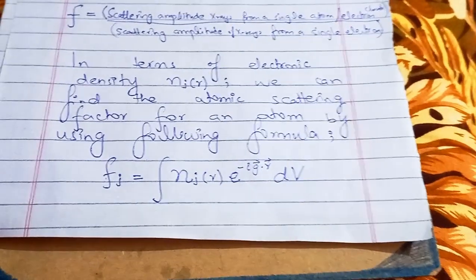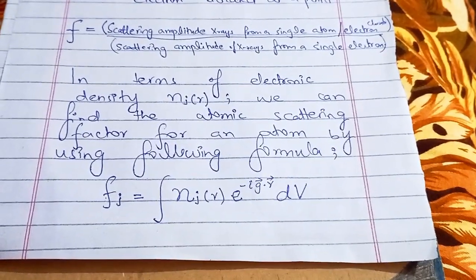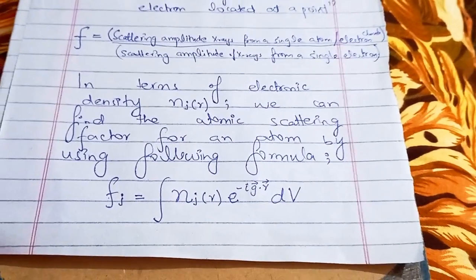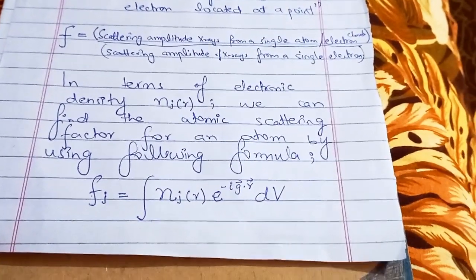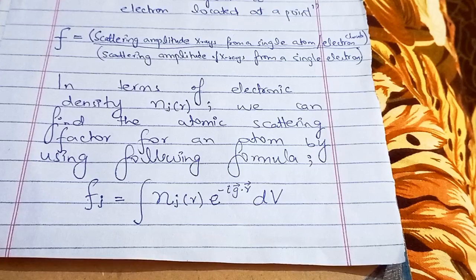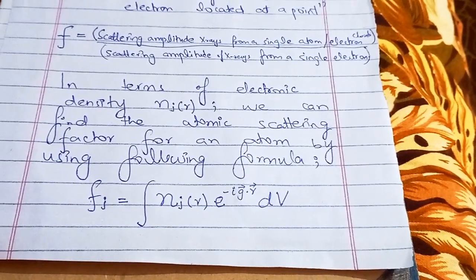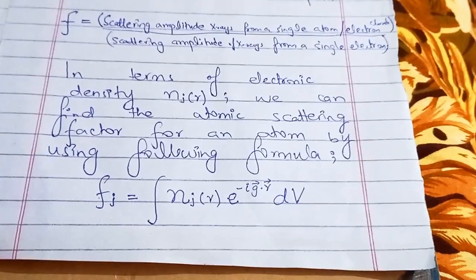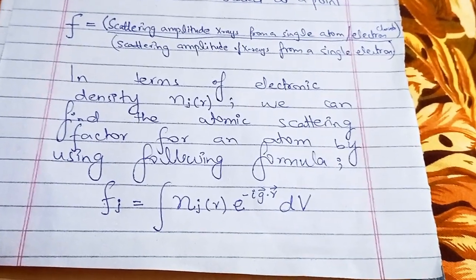As I told you, if you are inside a crowded place, there will be more scattering, and if you are in a place where there is not much of a crowd, if there is a smaller number of electrons present, then the probability of scattering is less, and hence the X-rays will be less scattered.